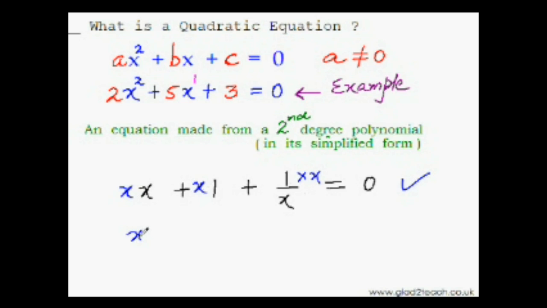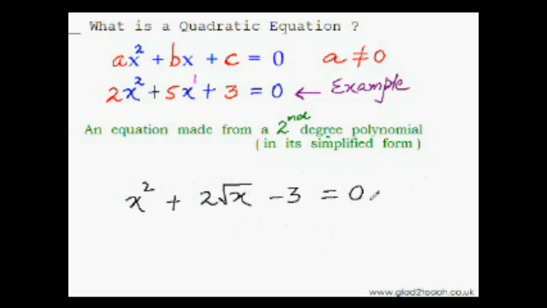So, x times x is x square and plus x and this x and this x cancels out, equal to 0. Now, this is surely a quadratic equation. So, quickly tell me, is this a quadratic equation?